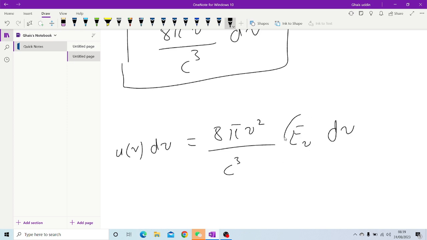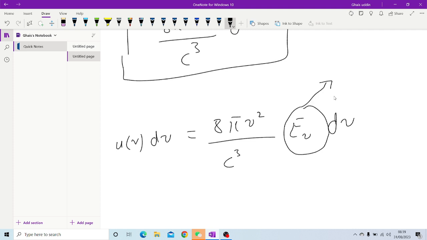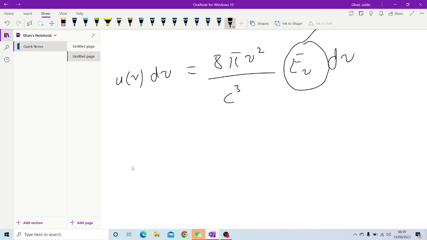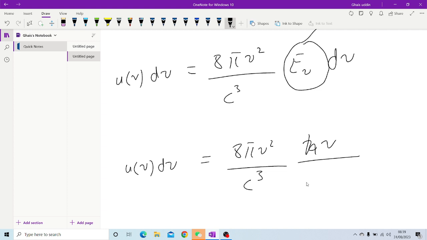So we will use the Einstein relation here for this energy. So we will get u nu d nu, which is equal to 8 pi nu square divided by c cube, and for E we will use h nu divided by e to the power h nu divided by kT minus 1, and this is here d nu.